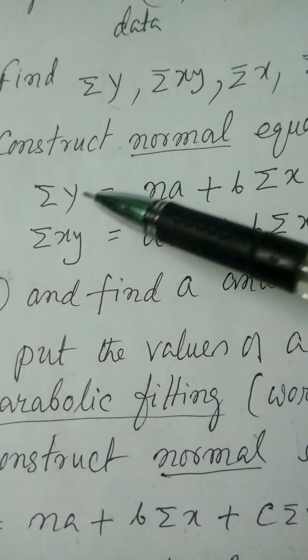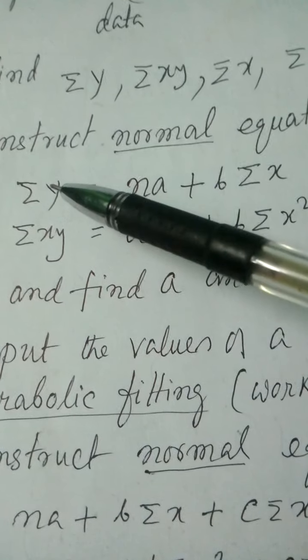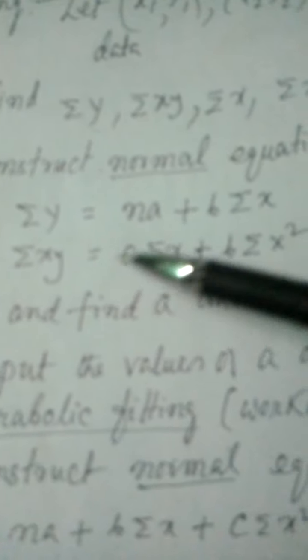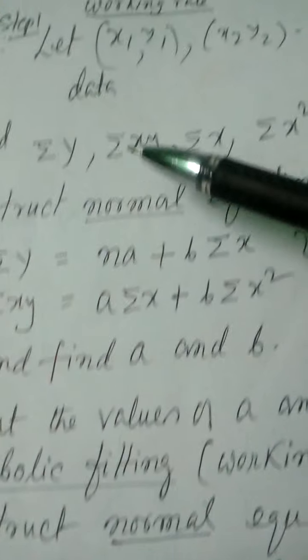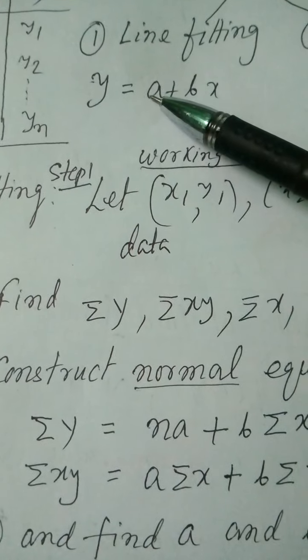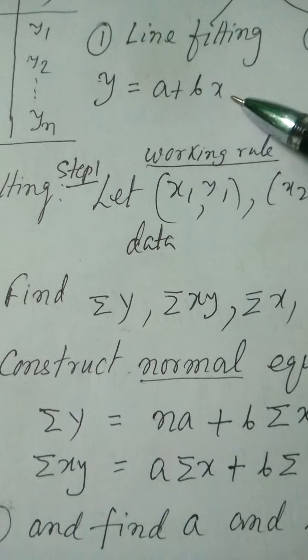Now you multiply this one by x. So this is xy. What will be here? If you multiply this one by x, xy will be equal to ax plus bx square.